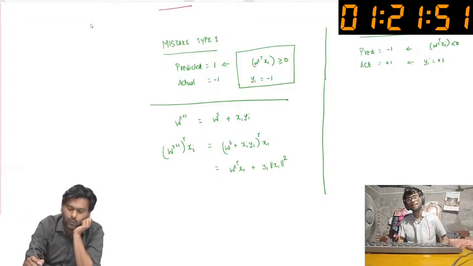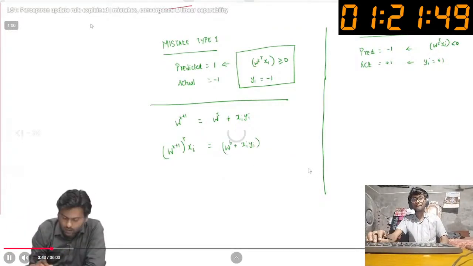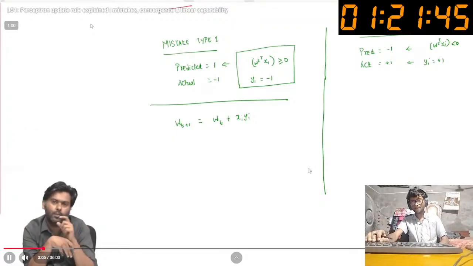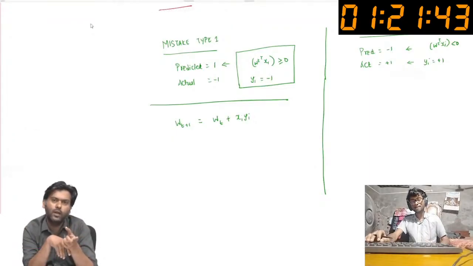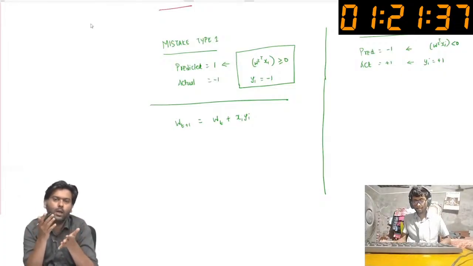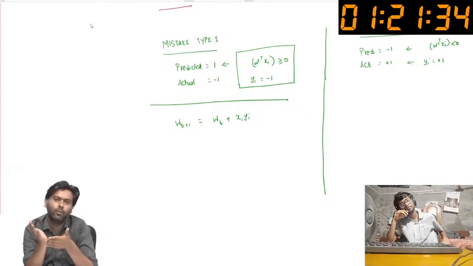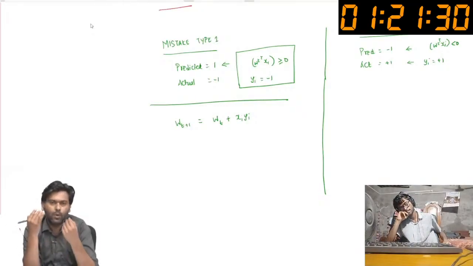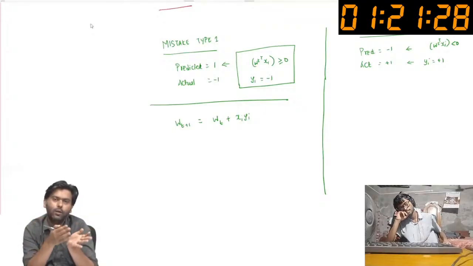So, but now in mistake number 1, look at w making a mistake. So, I have updated my w to a new w, then how does this new w perform on the point where the old w was making a mistake? How does it classify that point? I need to look at the dot product of the new w with the same data point.